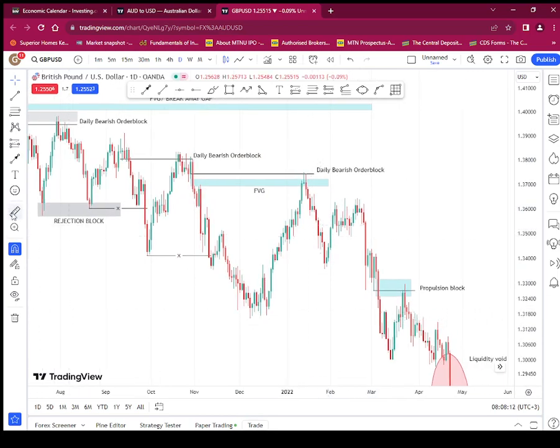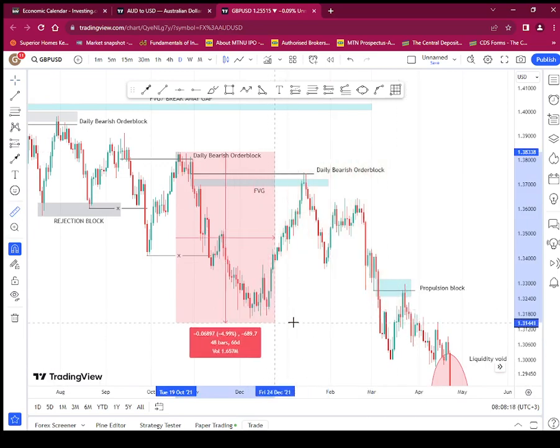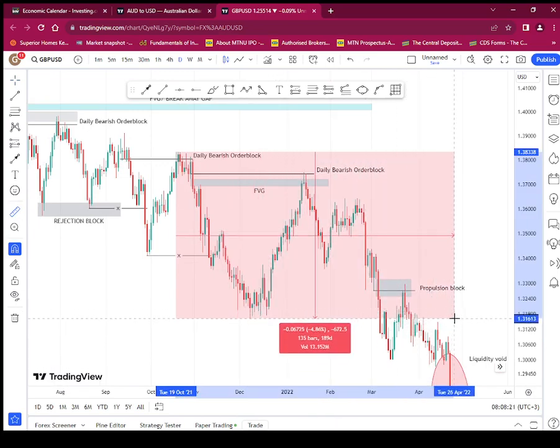I don't know if you guys understand this, or maybe I should make another video. But if this is my 50%, this is my equilibrium from up here to down here.